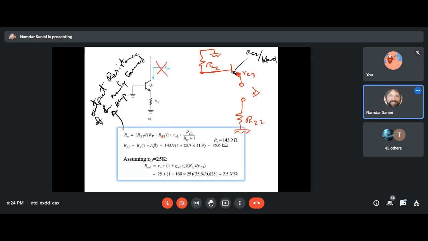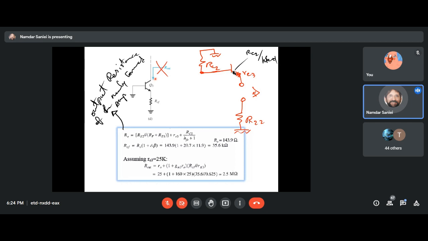However, as we had determined, when we have a transistor with a resistance in the emitter, which this would be ROF, we found that resistance and multiplied it by 1 plus A beta. That's what sits under the emitter of Q3 to ground.